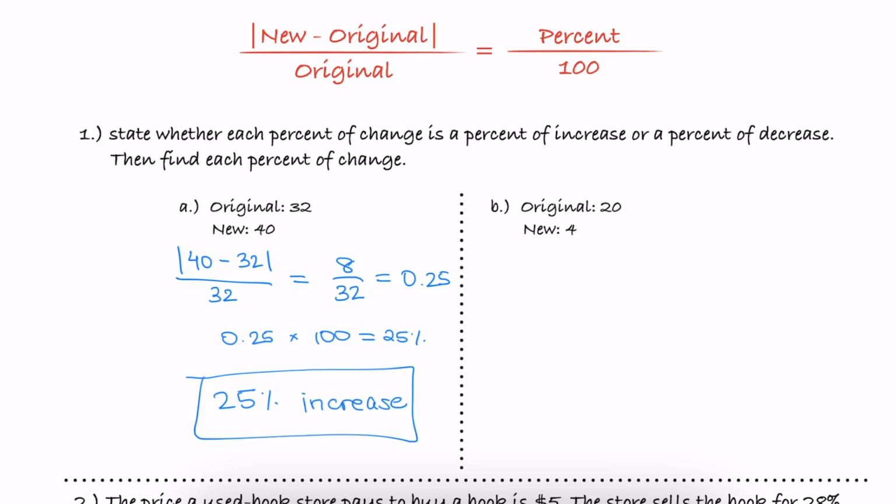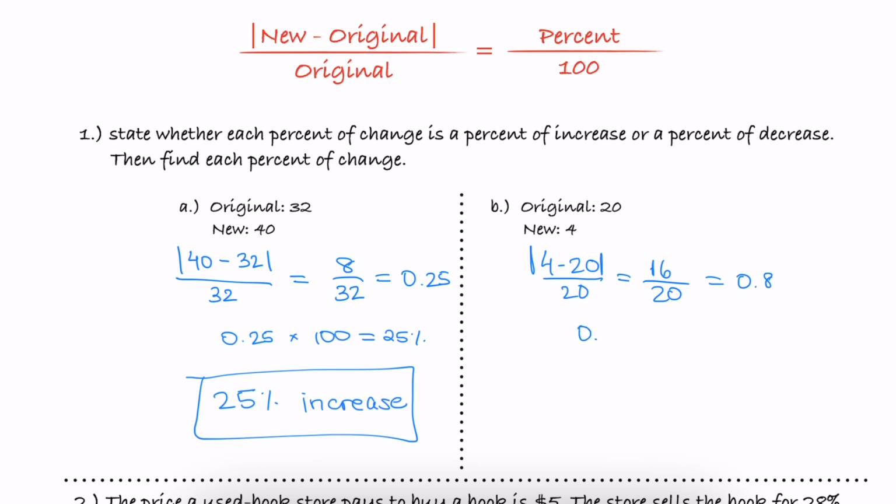For the second one, we have a new value of 4 minus the original of 20, all over the original of 20. Absolute value up here. That is going to give us negative 16. But you're taking absolute value, so positive 16 over 20, and put into decimal form, that's 0.8.